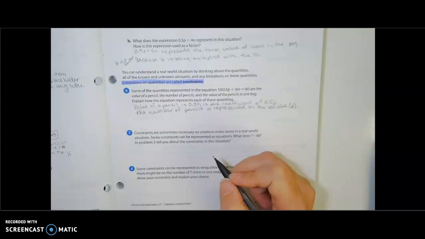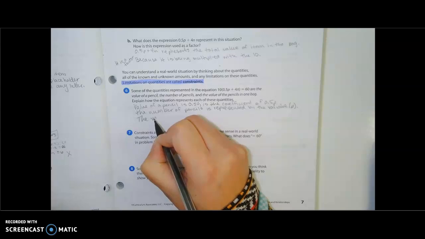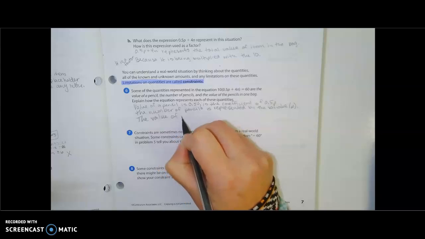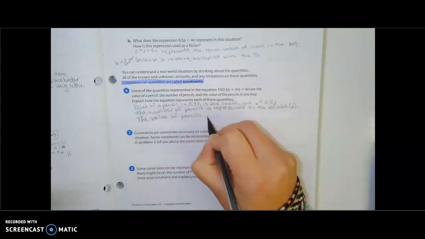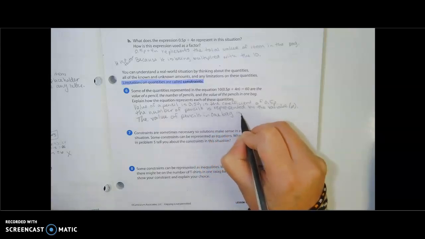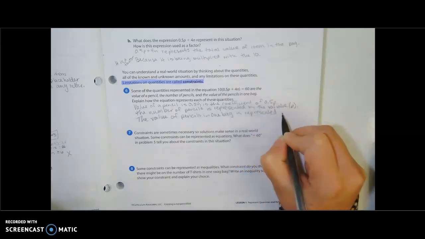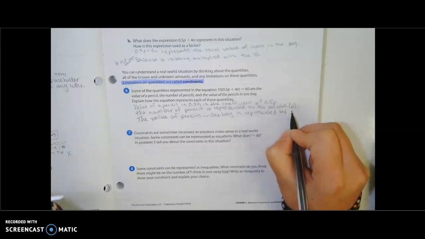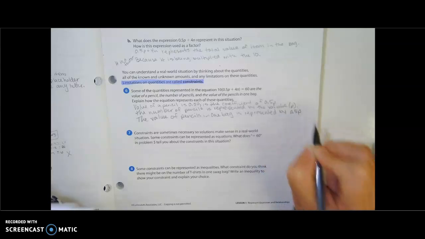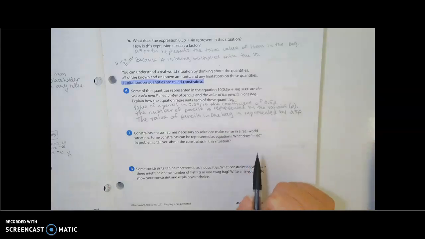The value of the pencils in one bag is represented by the term, by that whole thing, 0.5p. The product of the value of a pencil and the number of pencils, that's what that represents. Okay.